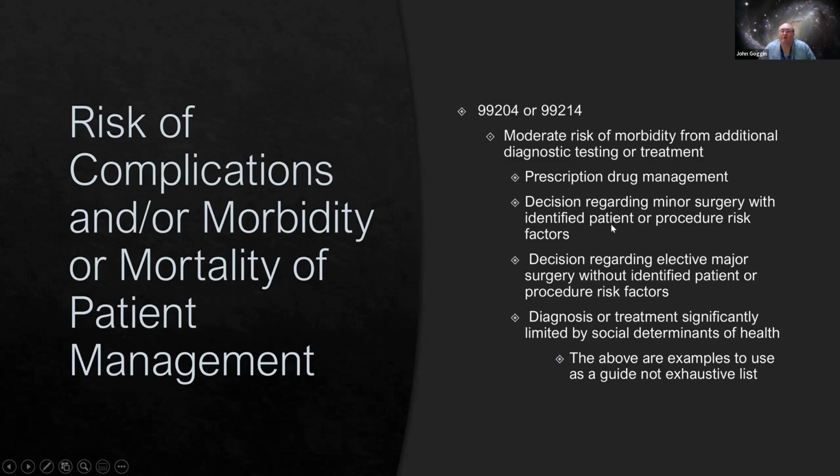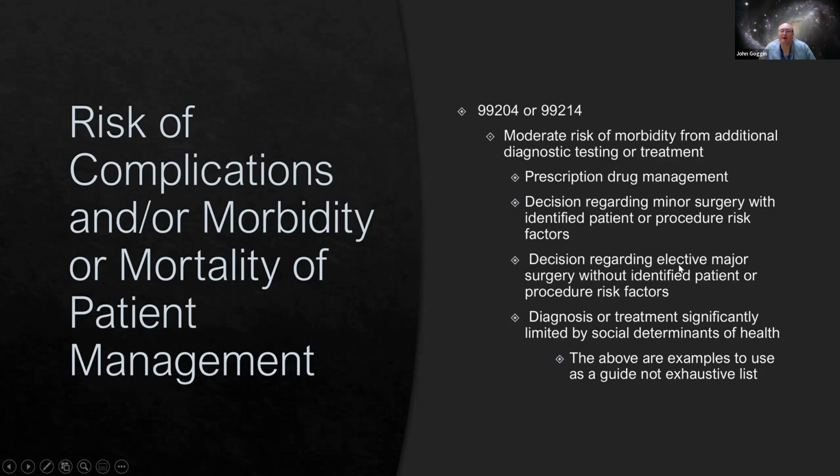Decision regarding minor surgery for a patient that has a risk factor. So if you decide to do an incision and drainage of a paronychia on a patient who has peripheral arterial disease or who has poorly controlled diabetes, that would meet this criteria right here.